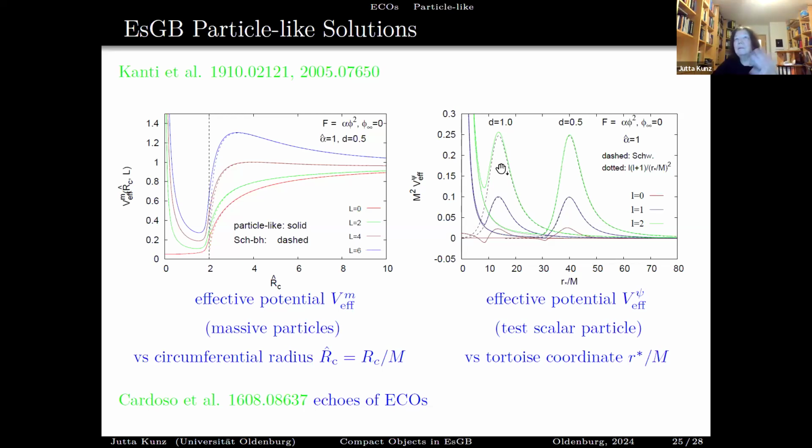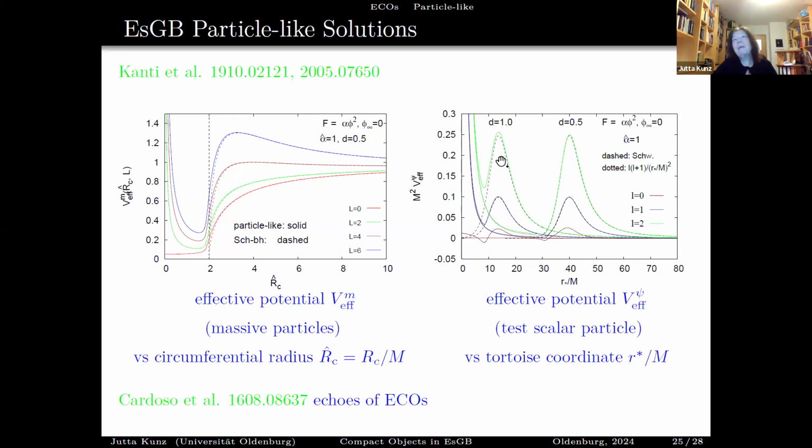But for this exotic compact object, where we have this infinite barrier, we have a wave coming in, it hits this first barrier, and we have partial reflection, and a part goes in. But this part that goes in is now hitting the infinite wall. Our potential is diverging, and so it's totally reflected.